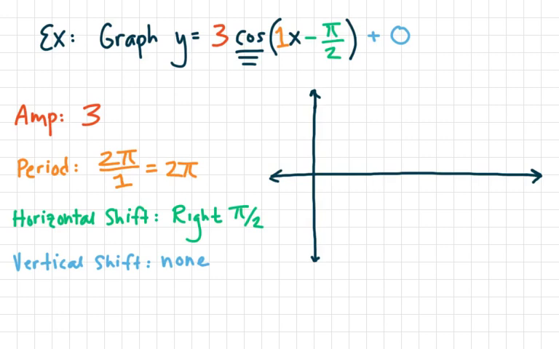So when I think about cosine, cosine starts at the high point of 1, and then I'm going to just kind of space out our special values here. So then cosine would fall to the midline.